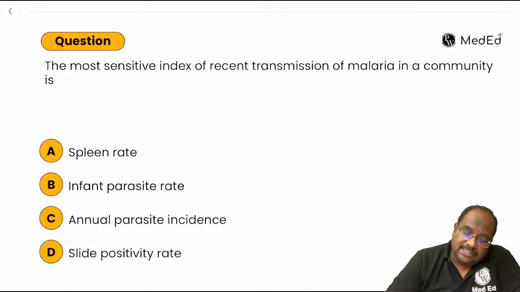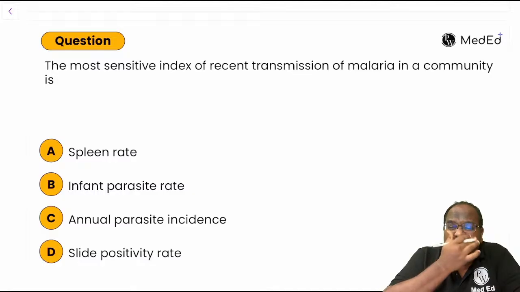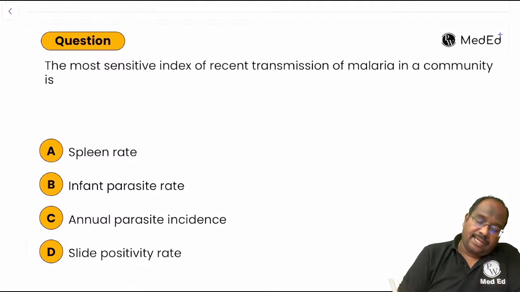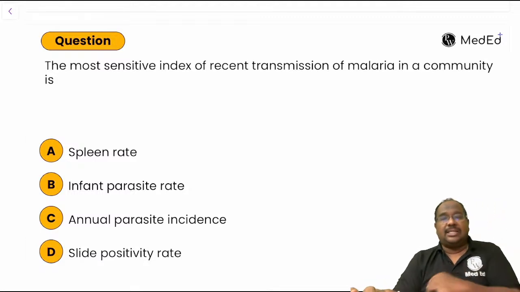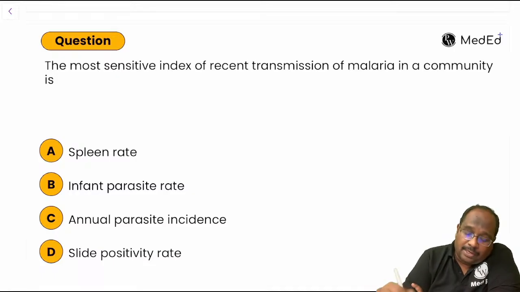The most sensitive index of recent transmission of malaria. Which is the most sensitive, guys? Recently, the transmission has happened. What is it? The most important one is the infant parasite rate.